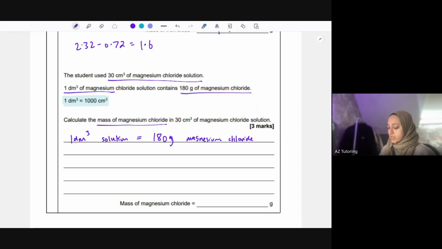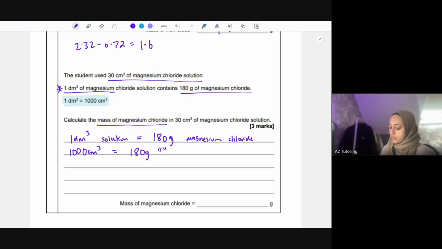Okay, so in 1 decimeter cubed of magnesium chloride solution, we've got this much magnesium chloride inside it. I've just rewrote this part of the question. Now, if I want to analyze it in terms of centimeters cubed, I need to change this 1 decimeter cubed to centimeters cubed, and they've told me 1 decimeter cubed is 1,000 centimeters cubed. So I'm just going to say 1,000 centimeters cubed is 180 grams.